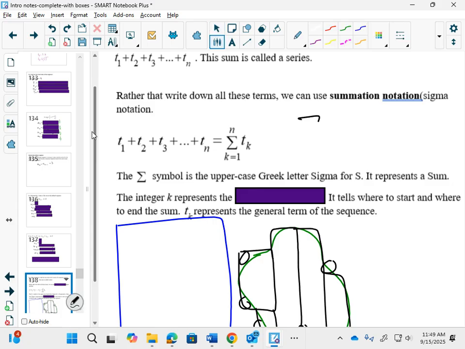Basically, this part means sum. This part is the formula. The formula is t_k.